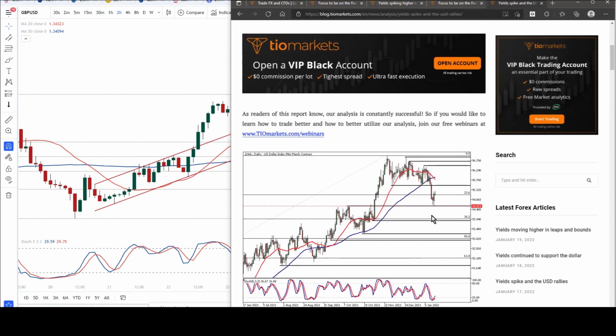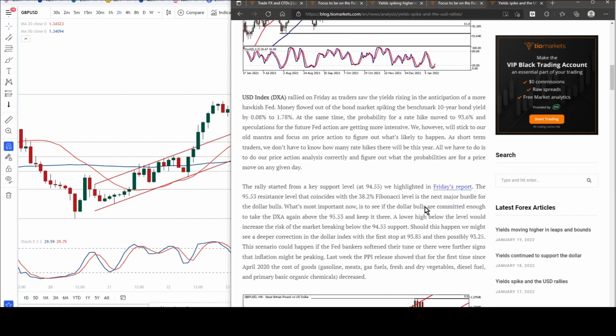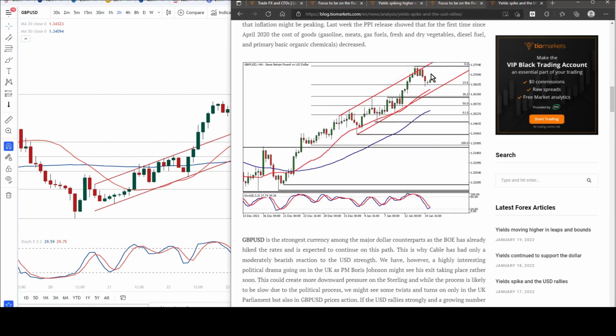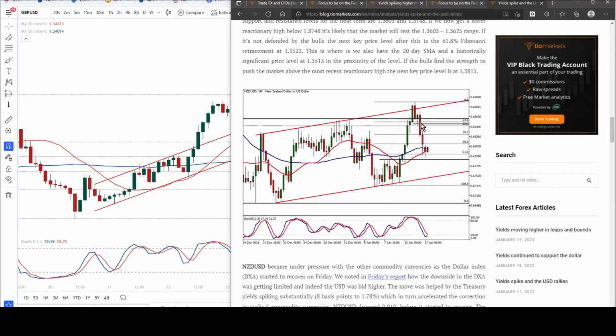So when dollar index was trading at this support or approaching this support, I was saying that this is probably a time when we have New Zealand USD reacting lower. This was in that context. Let me see if it was in this same analysis. That's pound USD there. And no, New Zealand USD, that was earlier. Yeah, that was the day before this, so it was 16th.